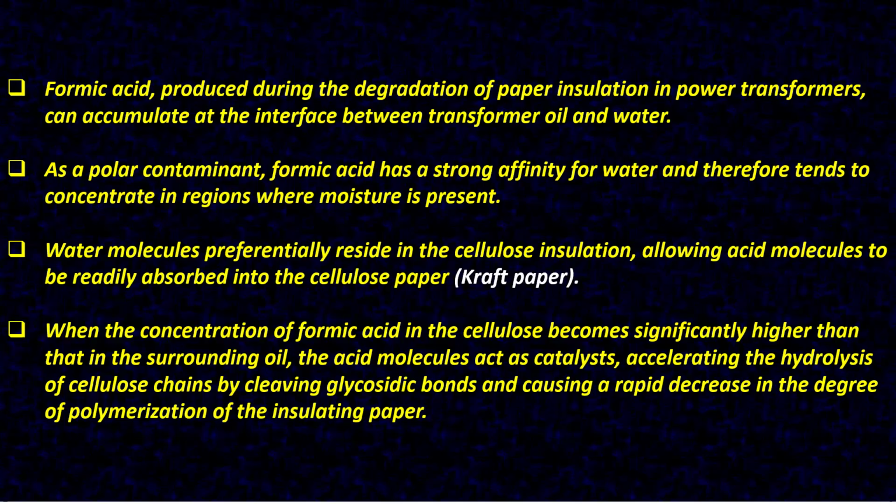The acid molecules act as catalysts, accelerating the hydrolysis of cellulose chains by cleaving the glycosidic bonds and causing a rapid decrease in the degree of polymerization of the insulating paper.